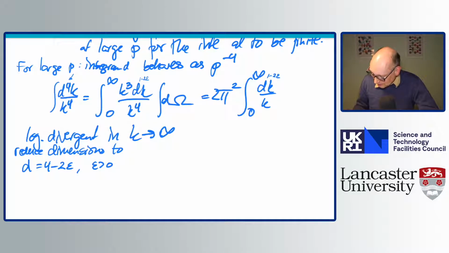You can think of it as while the 2k over dk squared is still infinite from the same argument, dk over k squared is finite. We don't have to take away a full dimension, we can take away just 2 epsilon.